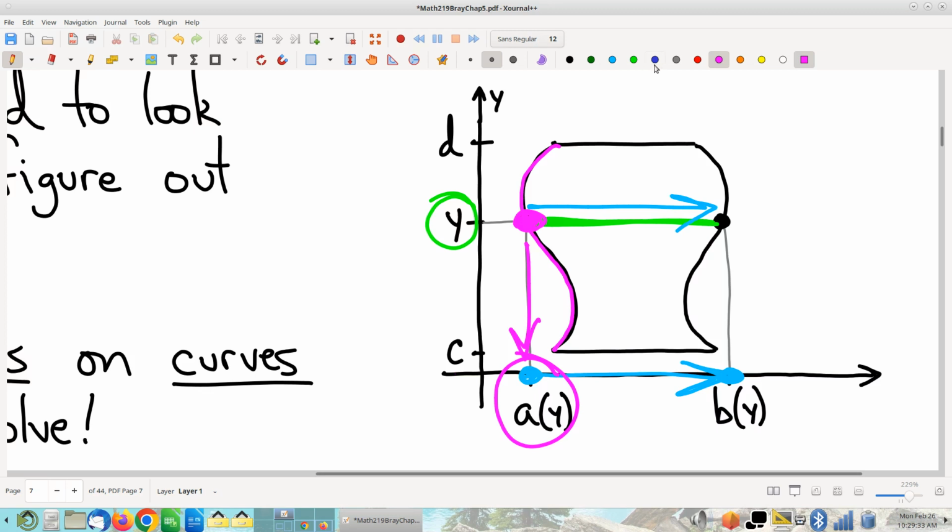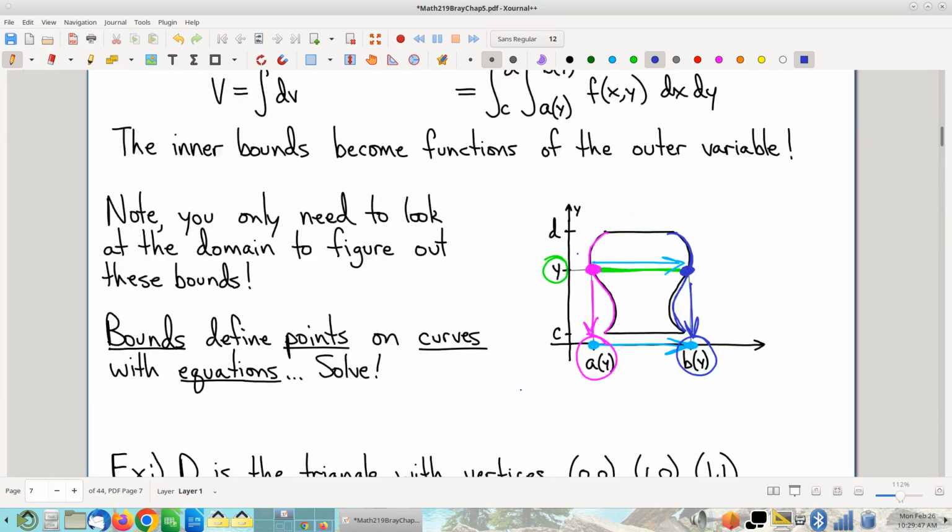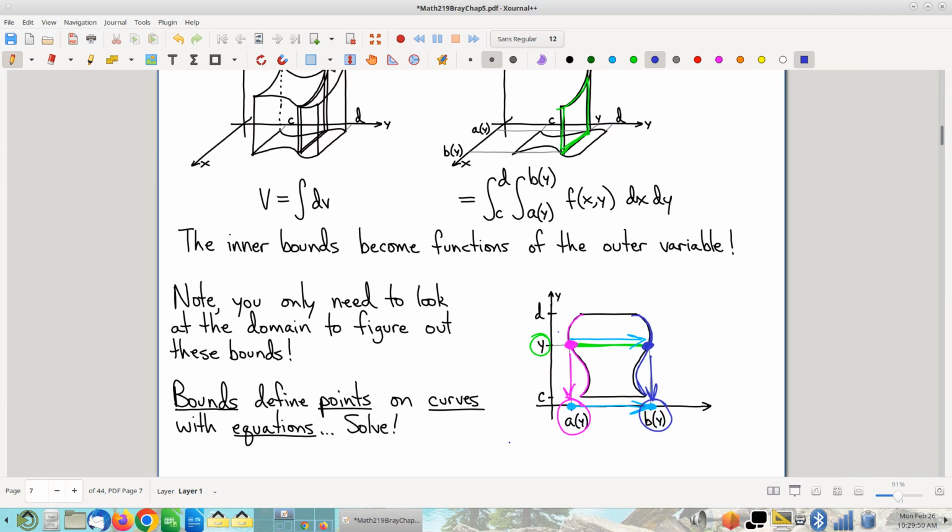And I look at this point on that curve to solve for this upper bound for x. And again, that's exactly what I did in the picture up here. Just a hard three-dimensional picture, abandoned, and now a much easier to draw, much easier to visualize two-dimensional picture, just as good for finding these inner bounds.